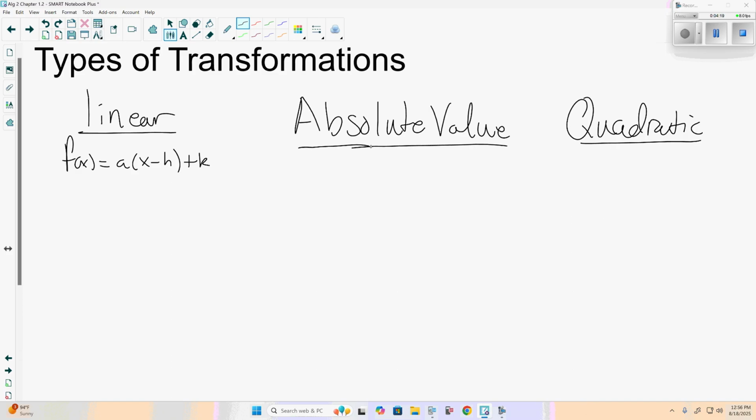Absolute value. And quadratic. These three here are the general forms.